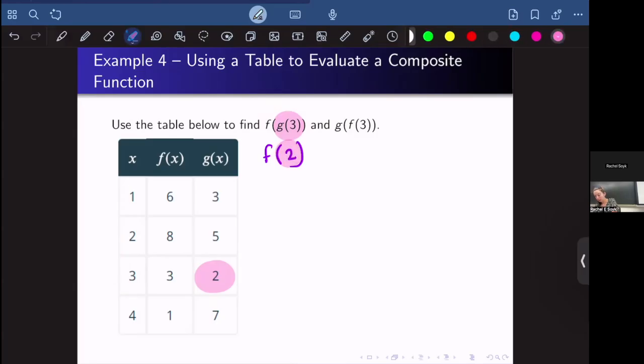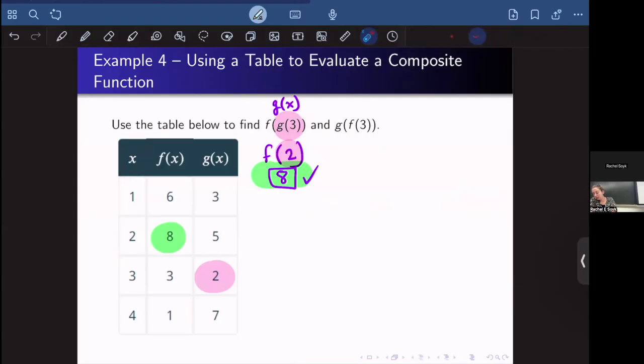And so now when x is 2, what's our f? It's just 8. That's it. So you first want to evaluate the inner, g of 3. 3 is just our x, right? Because this essentially is g of x.